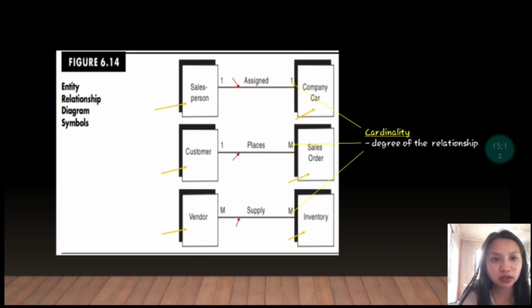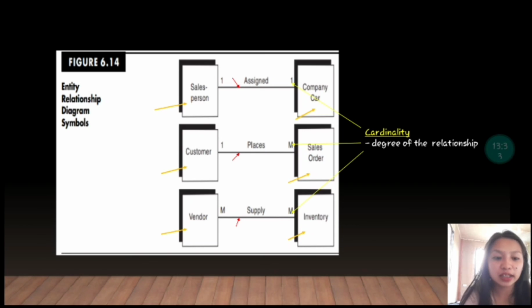Next, one customer places many sales orders, meaning one customer has many orders. So one customer to many sales orders. The last one will be vendor. Many vendors supply many inventory. So M to M, 1 to 1, 1 to M.